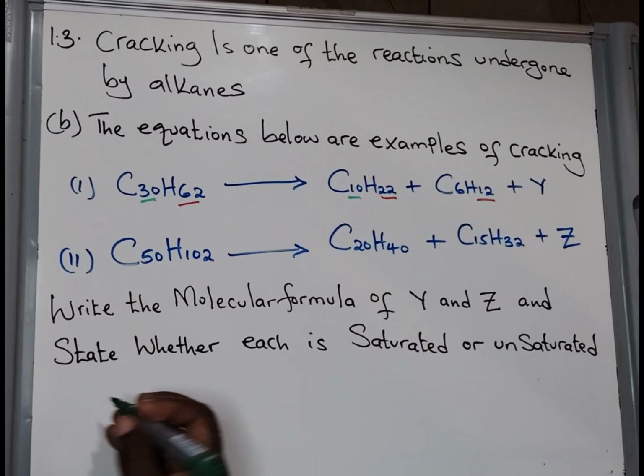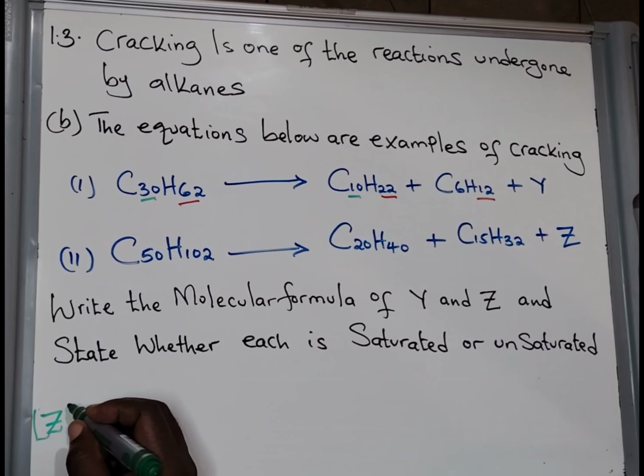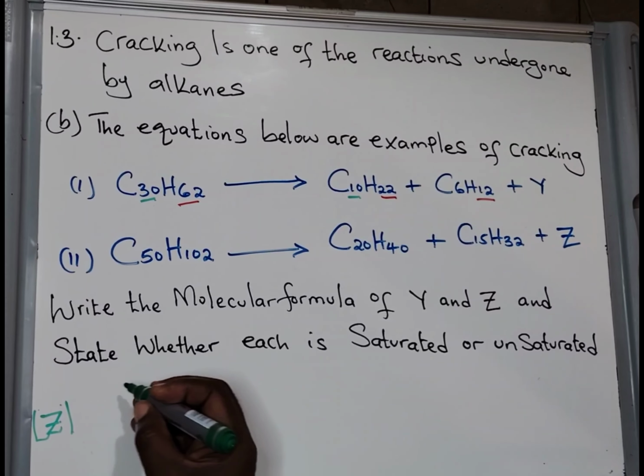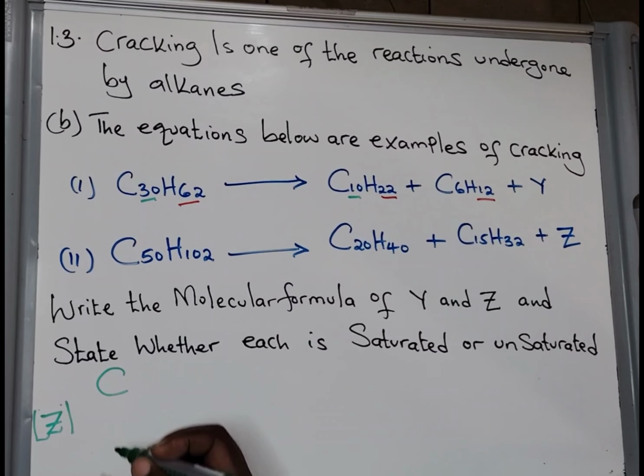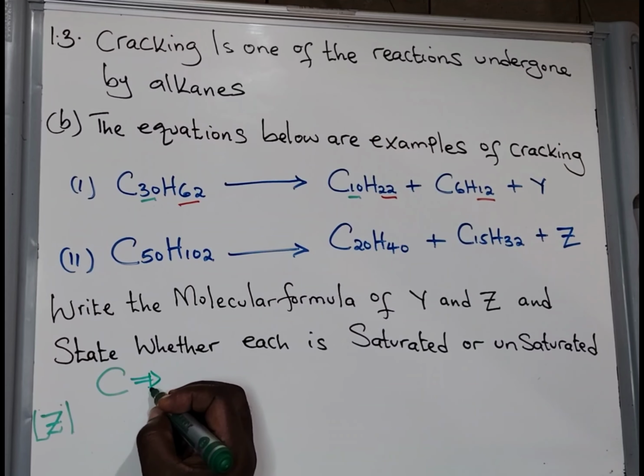Next we go for Z. What is our Z? We do the same. We have to go for carbon first. And what do we see for carbon?